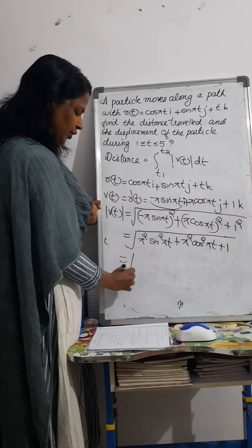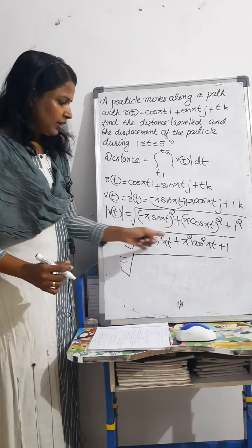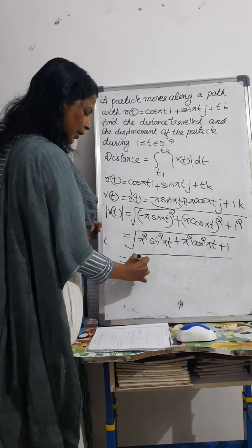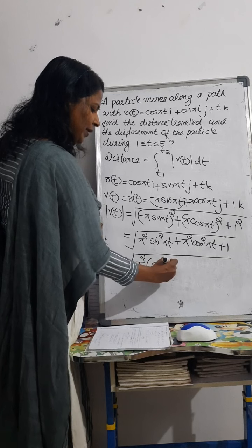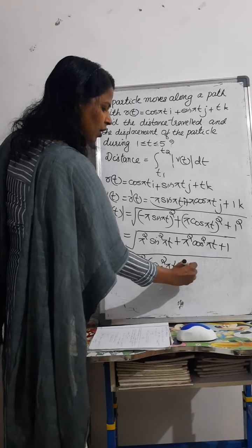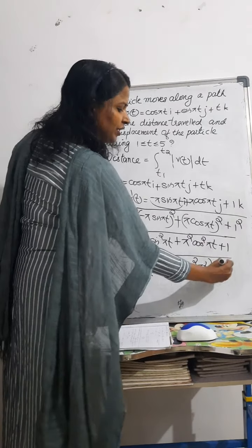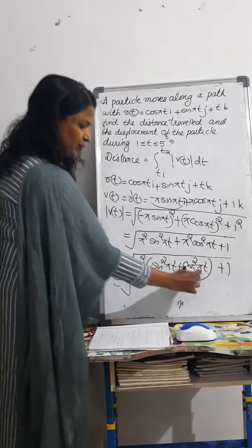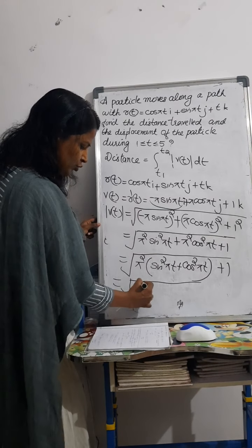That is the square root of, here pi square is common, so pi square into sin square pi t plus cos square pi t, plus 1.